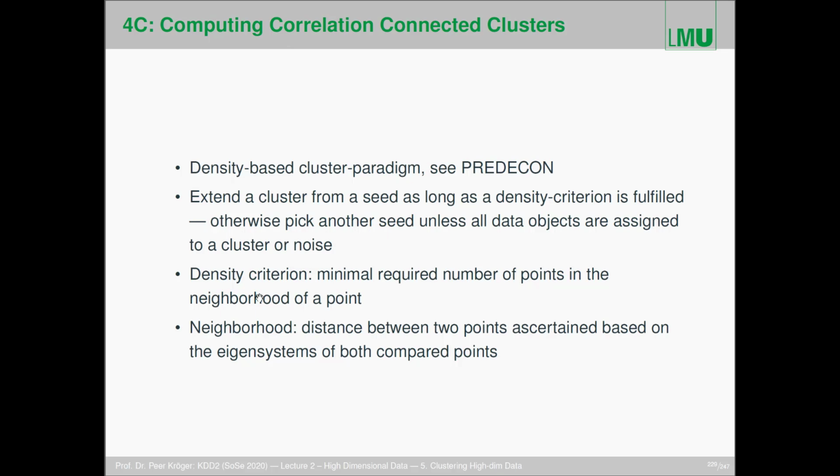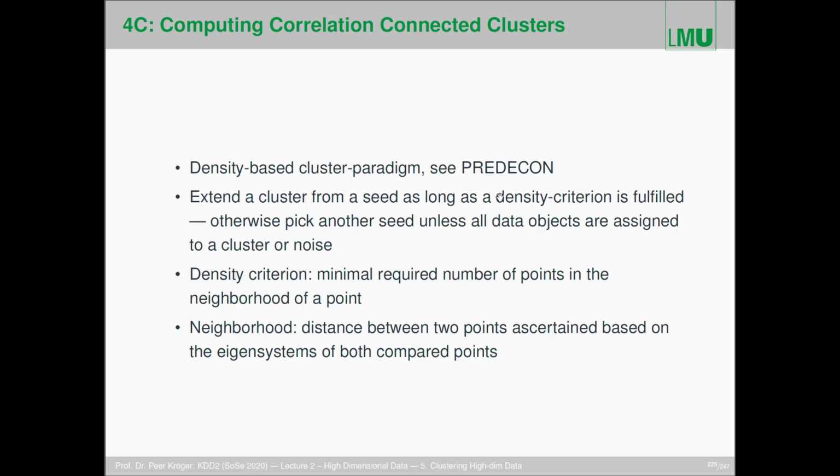In PreDeCon we had these axis parallel ellipsoids, if you recall, and now we want to have an arbitrarily oriented ellipsoid. So the neighborhood is the distance between 2 points based on the eigensystem of both compared points.